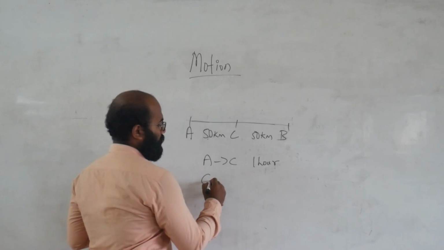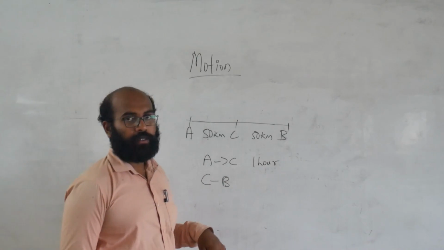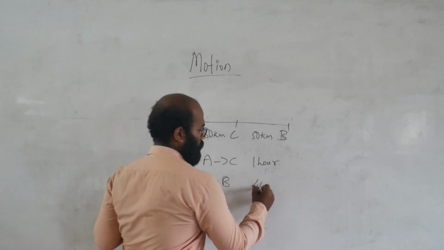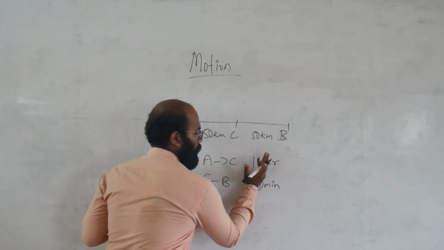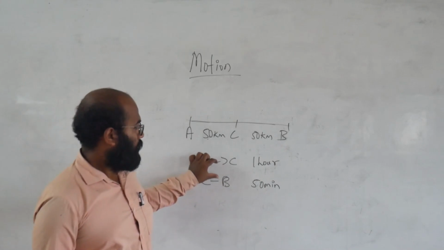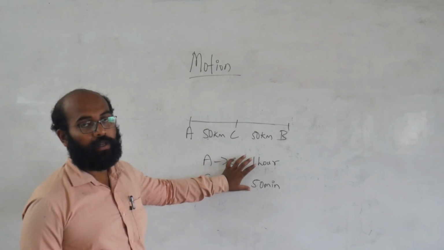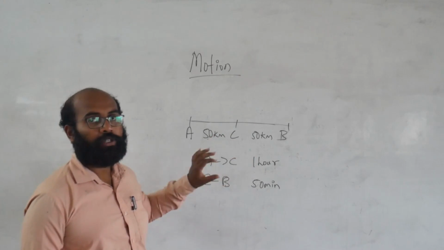But to travel from C to B, if the road is good, I may travel in 40 minutes, or I might take 15 minutes. So here the distance is the same, but the time is not the same. So this is non-uniform motion.